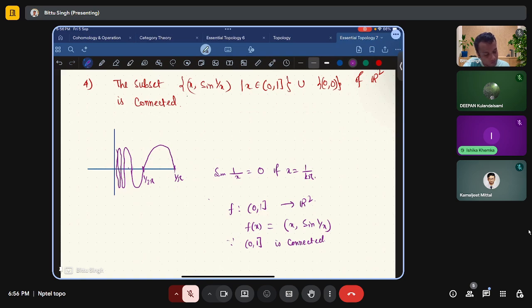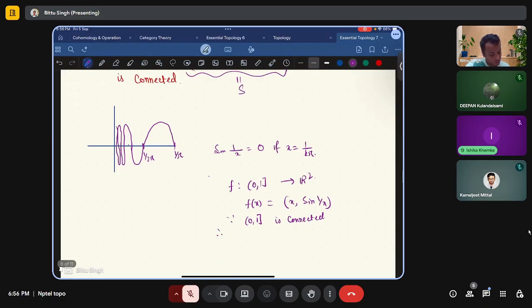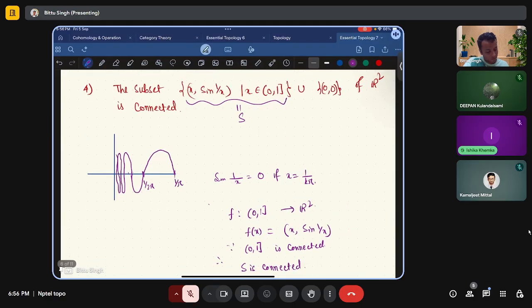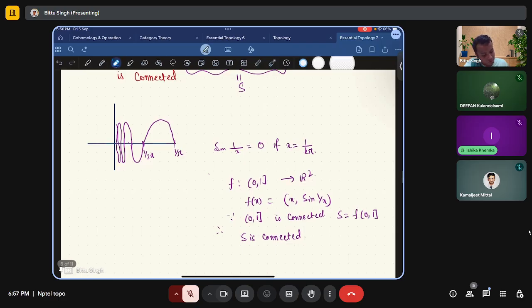Let me denote this graph as S. Why is S connected? Because S is the image of this interval under the continuous function f, and the image of a connected set under a continuous function is always connected. Therefore S is connected.